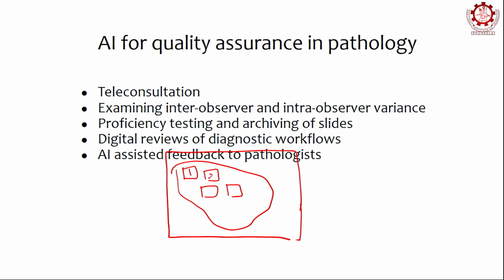So this is 1, 2, 3, 4. Just for simplicity's sake, let's say that you have these 4 regions that the pathologist traverses while they make their decisions. Now, what a lot of these software do is, they actually keep a record of where the pathologist is focusing their attention, and they would have something like this that gets saved.